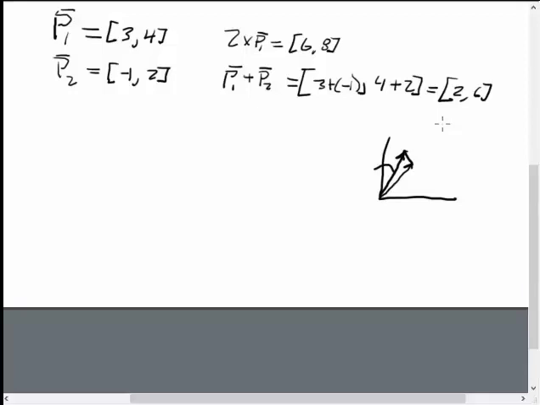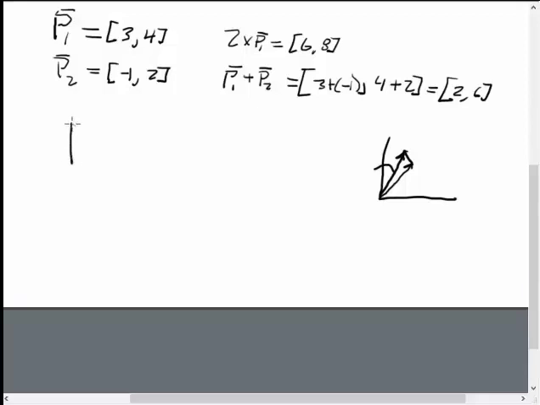Vector subtraction is the same thing. We subtract our components one element at a time. So those are a couple of the big mathematical things that we do with vectors. There is one other thing we're going to talk about. There is no vector multiplication per se, but we're going to talk about a dot product.